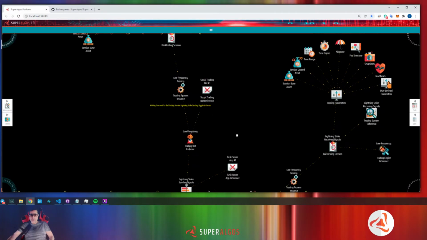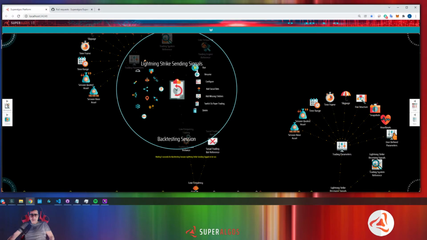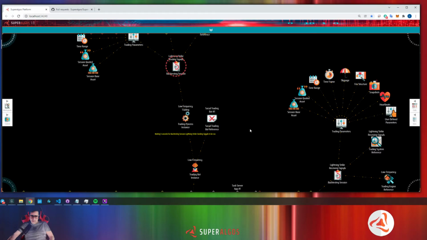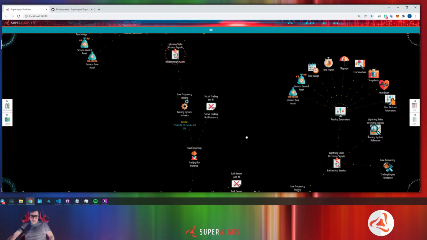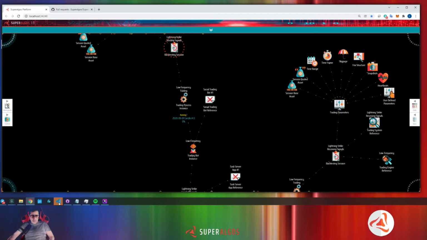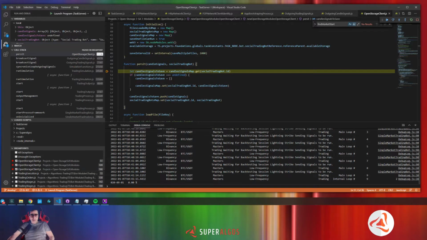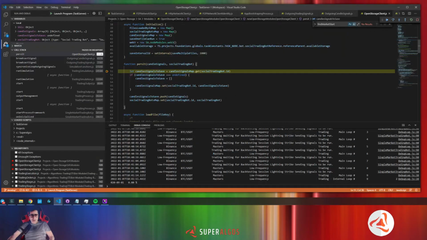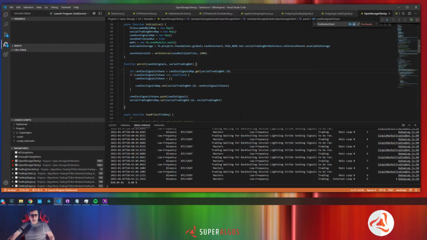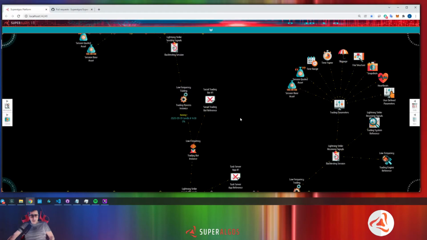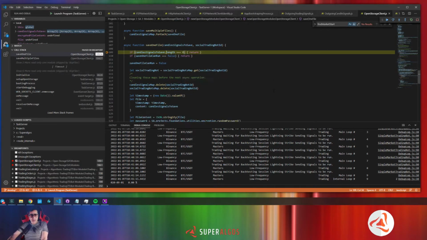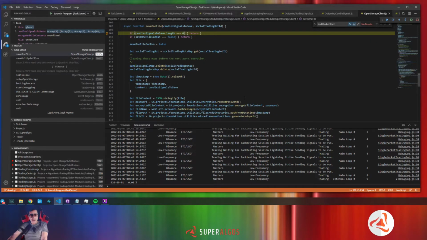In the meantime, okay, so this is kind of working, so we're going to let it run. And now it wants to save the file. So let's see how far this gets.